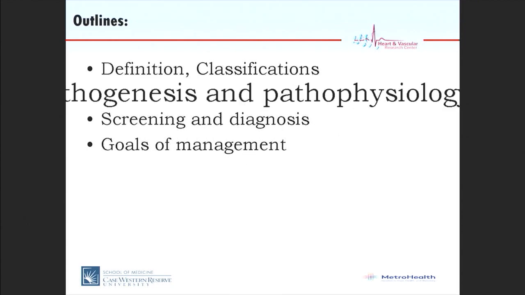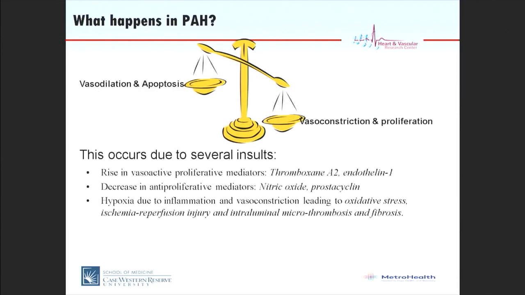What is the pathophysiology? I mentioned earlier that there is inflammation, there is hypertrophy, and at the end of the day, there is an imbalance between vasodilation and apoptosis in the pulmonary vascular bed, and vasoconstriction and proliferation. This imbalance happens due to a rise in the vasoactive proliferative mediators such as thromboxane and endothelin 1.